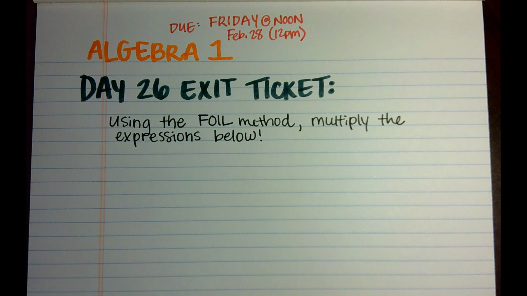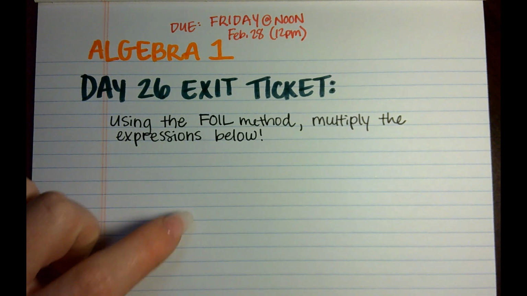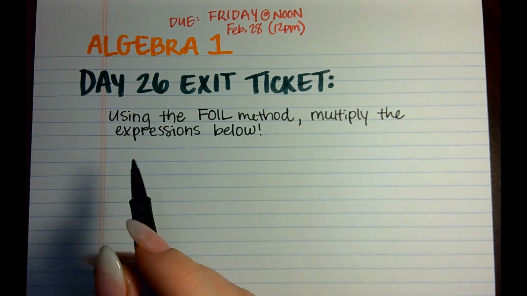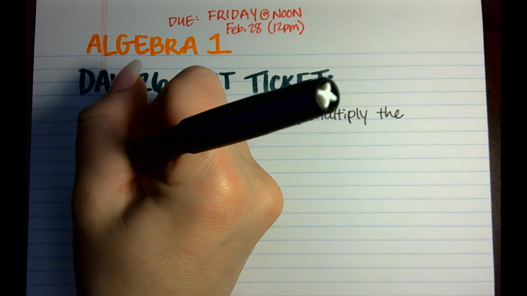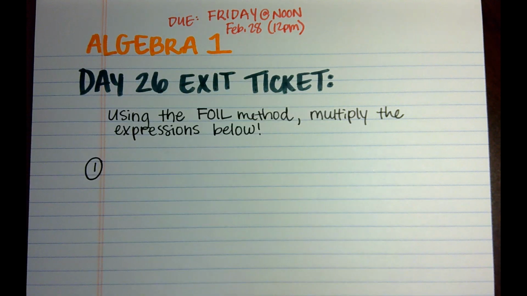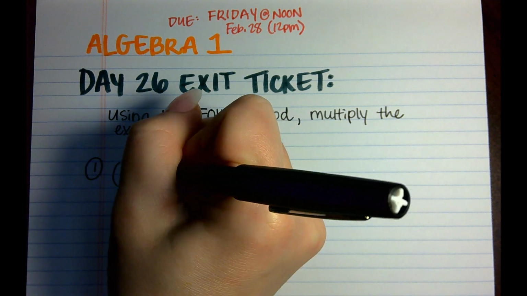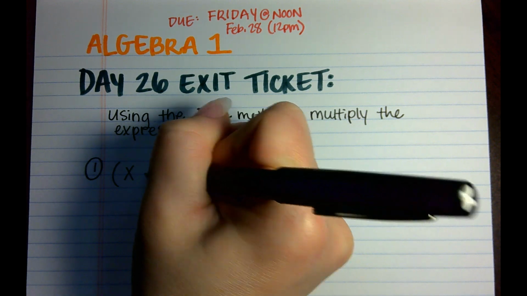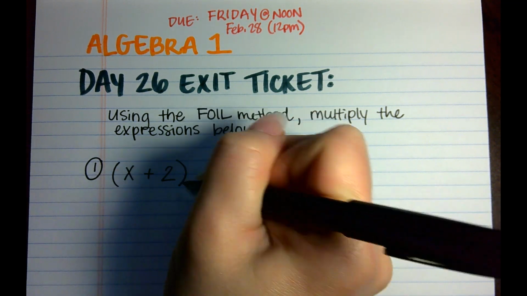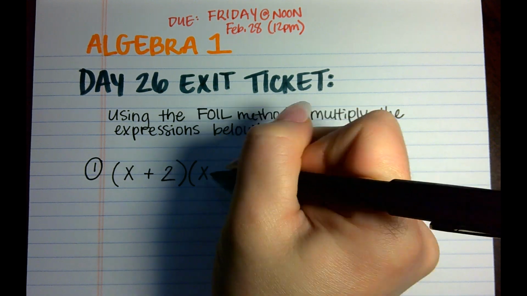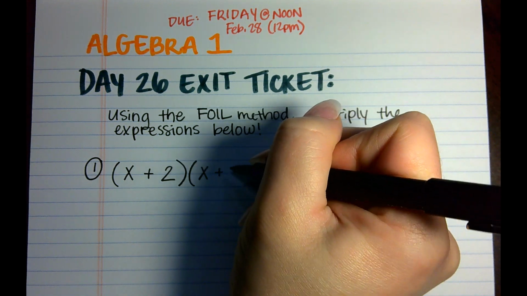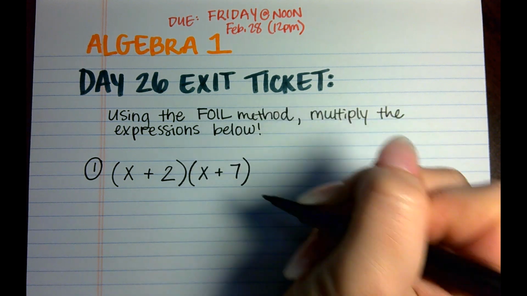We'll lose points if you do not combine your like terms. Make sure you combine like terms at the end. So here is your first one: 2 times x plus 7.